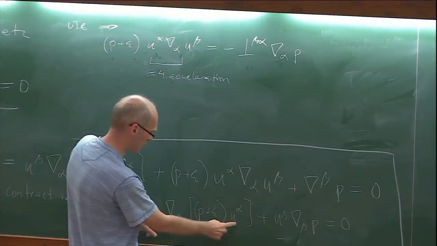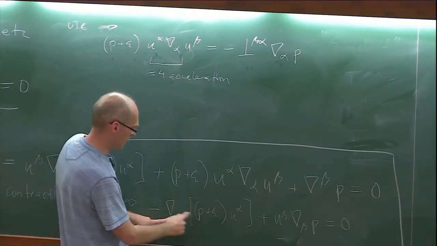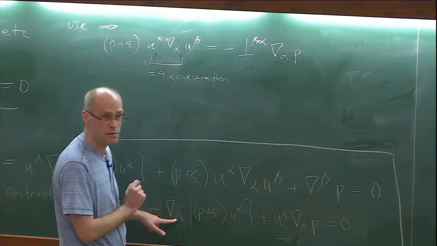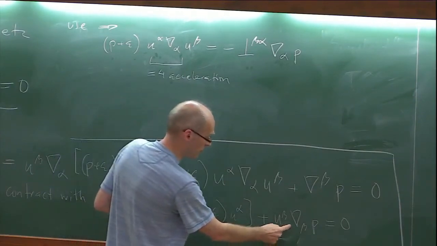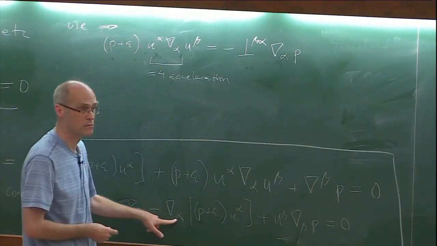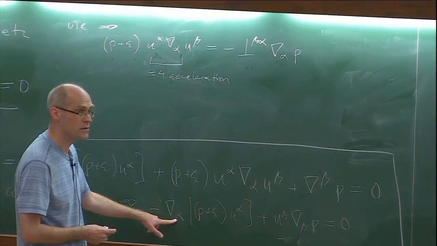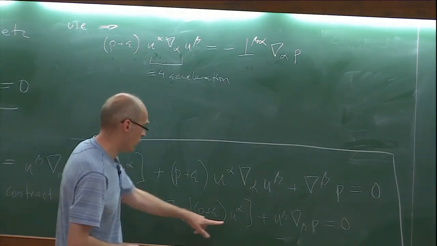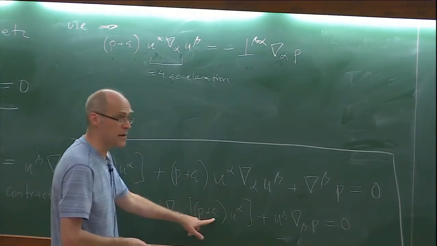Let's take the U alpha. Then I get a minus U alpha gradient alpha acting on P plus epsilon. I gotta go to plus U beta grad beta P here. So the pressure is going to drop out from that piece. Okay?